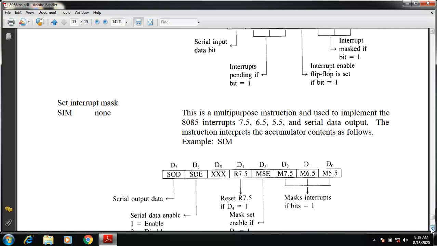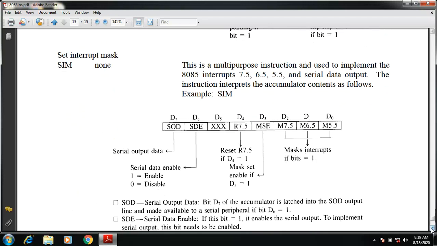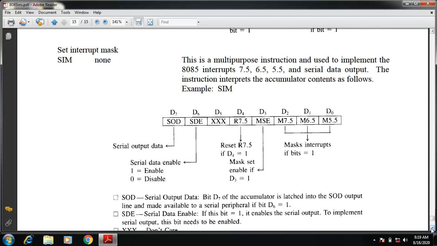The next one is SIM, set interrupt mask. This is also a multi-purpose instruction, used to mask interrupts and for serial output data. Before, RIM was for serial in data.